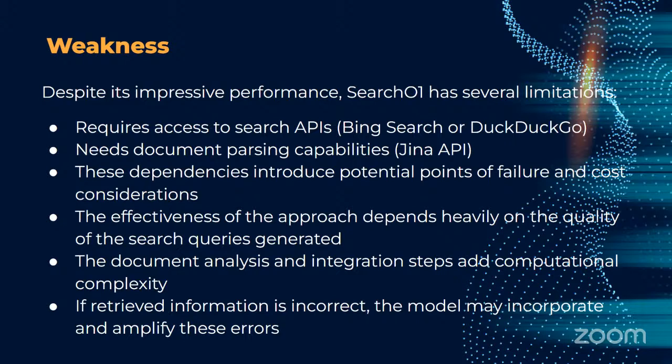This means that for you to make searches, you need to integrate external search engines to collect information online. The next limitation was that it needs document parsing capabilities such as Jina API, which means that when it comes to parsing the documents collected online, you can't do it with Search-o1 independently. You need to integrate third parties.